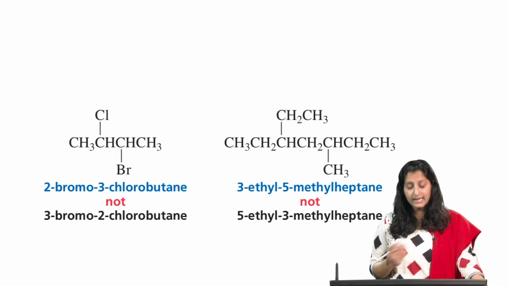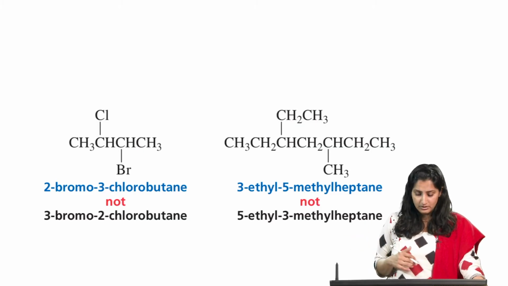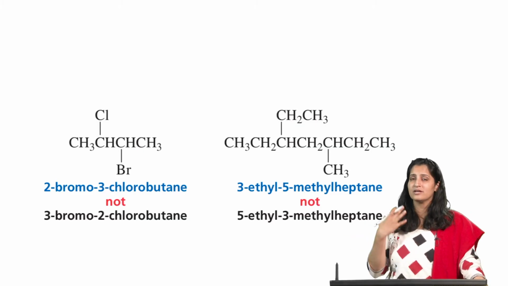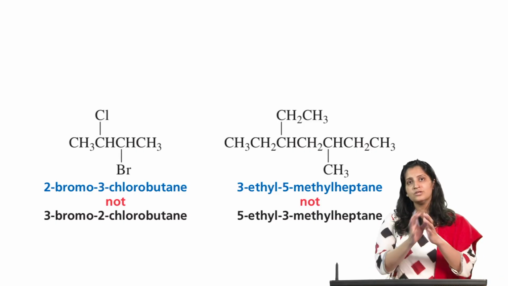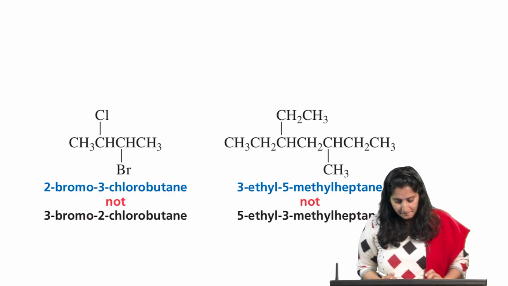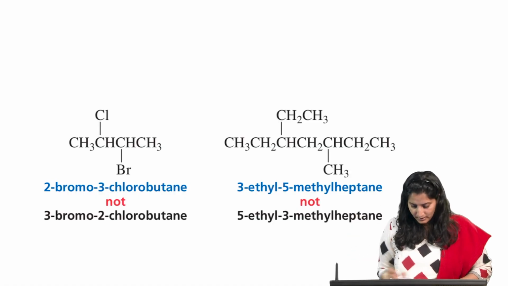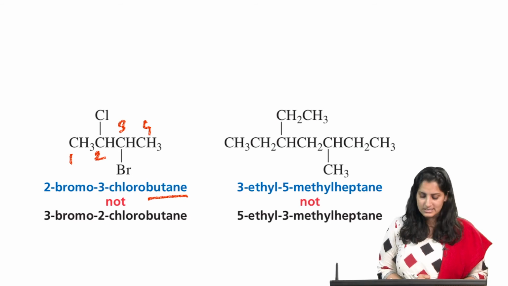Let us look at alkyl halides. So, in the case a halogen is attached to a carbon, the naming is exactly the same. There is no priority given to the halogen. So, what you can do is you can follow the same rules for naming alkyl halides as well. In this case, if I start numbering 1, 2, 3, 4, it is a butane derivative. So, that is correct.